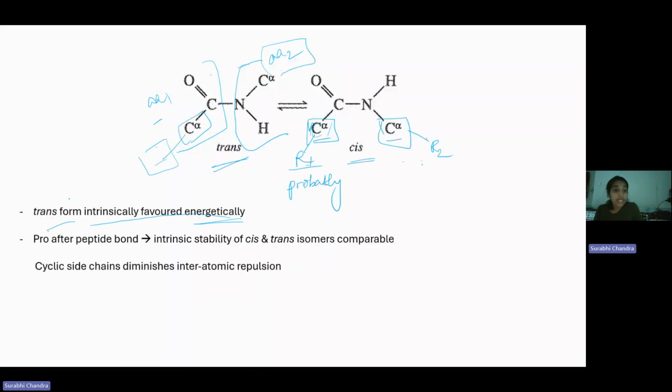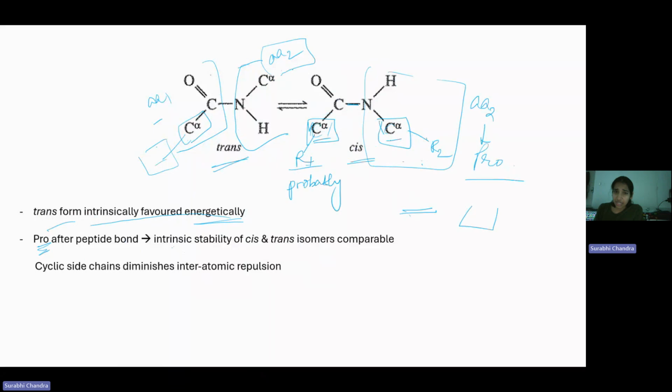Now, if we talk about proline, what happens is proline has a cyclic chain. Okay. So in case of proline, after a peptide bond, so this is a peptide bond here, if suppose this amino acid 2 is actually a proline, then whether it's cis or trans, the intrinsic stability is comparable because it's a cyclic five-membered ring.